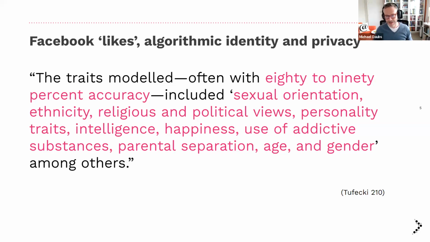The traits modeled, often with 80 to 90% accuracy, included sexual orientation, ethnicity, religious and political views, personality traits, intelligence, happiness, use of addictive substances, parental separation, age, and gender, among others."